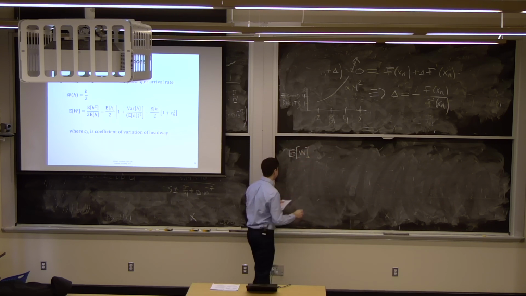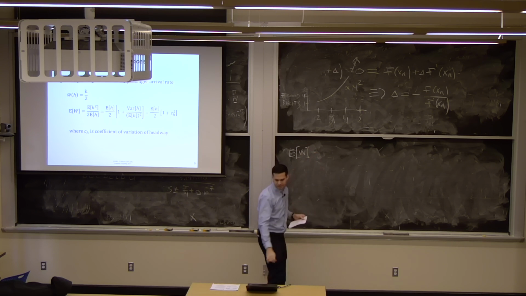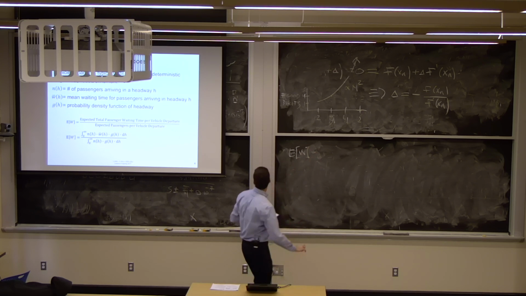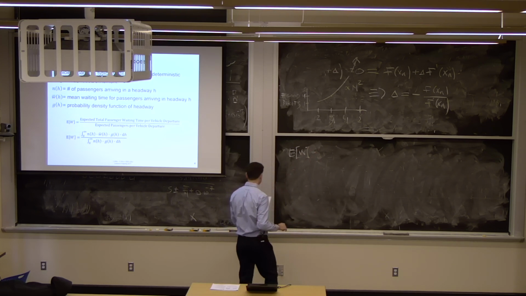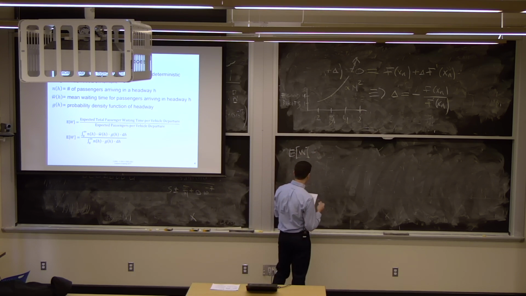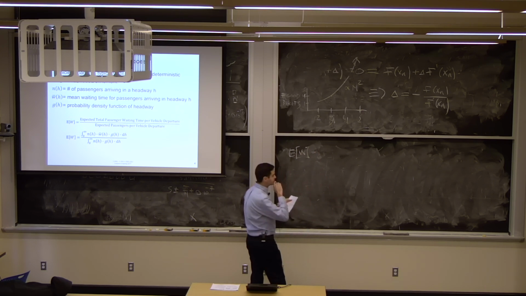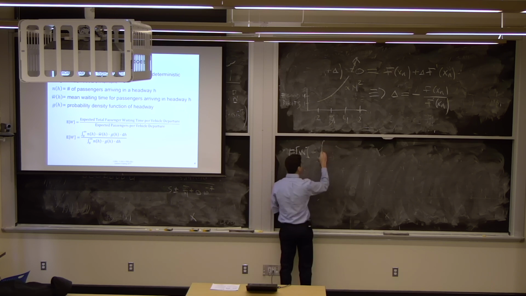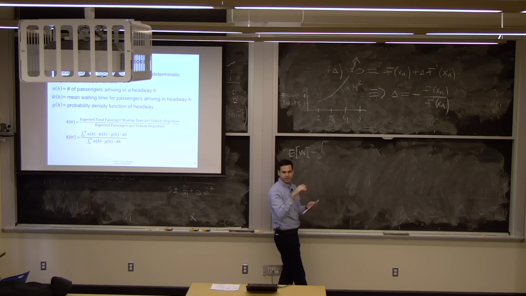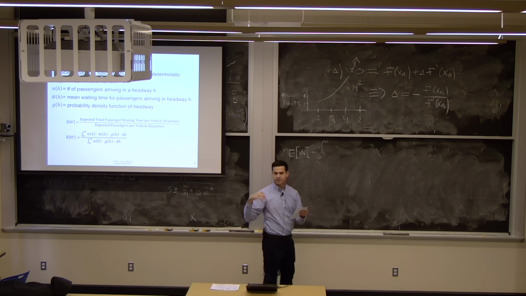So the expected waiting time, we'll start from the last equation on slide 4, and we're just going to plug in our assumptions. So we have the integral from 0 to infinity, and we said we had n of h, and that's going to be lambda h.